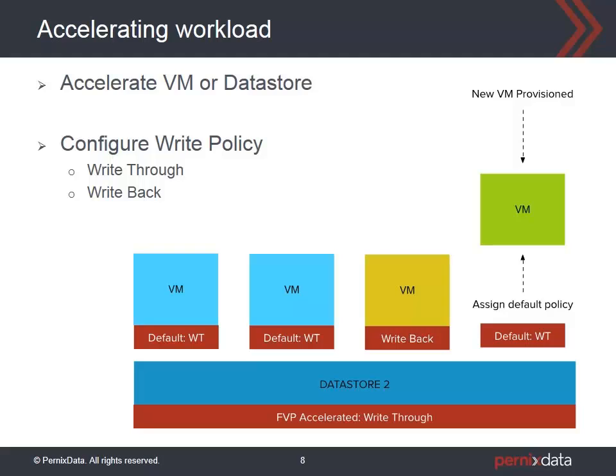So the moment their customer is deploying a virtual machine in that provided VDC, vCloud Director asks the storage DRS cluster to provision the virtual machine on a data store in the data store cluster, and FVP will automatically attach the default write policy to it. And you don't have to do anything again.